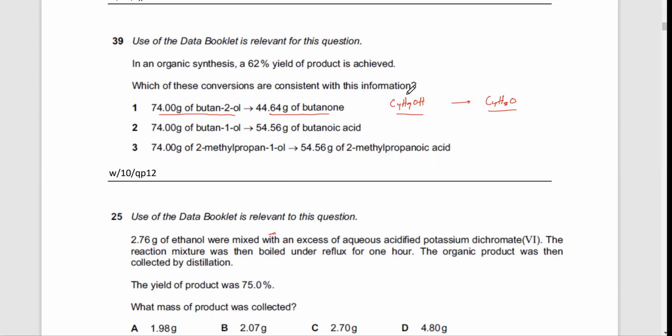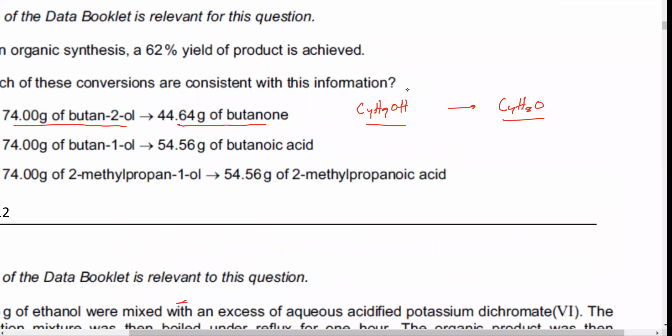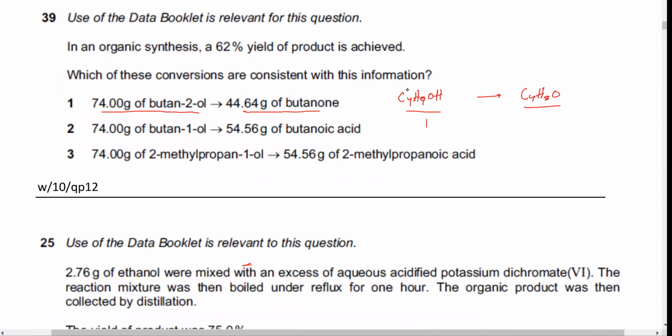If it's C4H9 and OH, then you're going to get C4H8 and O. So it's going to be 1:1. So the first thing you're going to do is try and figure out how many moles are in 74 grams. First calculate the theoretical. So moles is mass divided by Mr, so it's going to be 74.